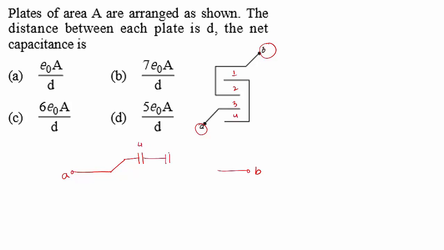Then I am going to draw the third parallel plate capacitor, which is again connected to B. Observe, the third parallel plate capacitor is connected to B. Then from the same terminal A, which is connected to B, here. And then come to the first one. Here it is.